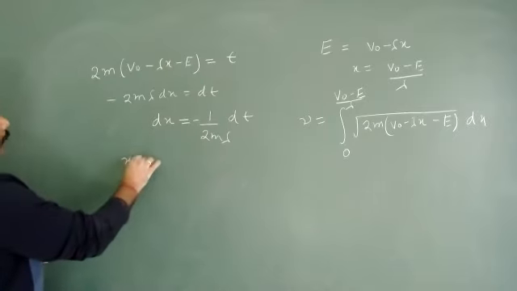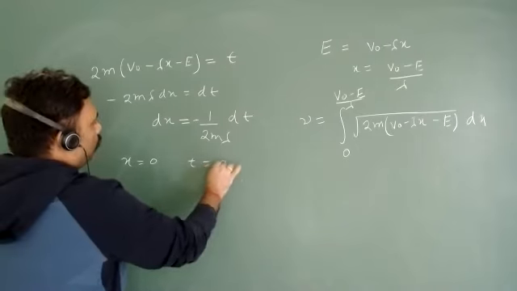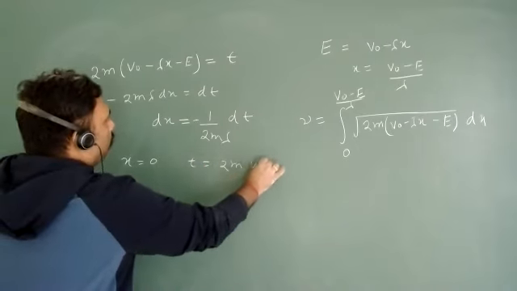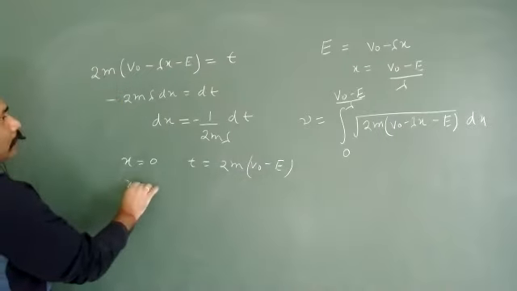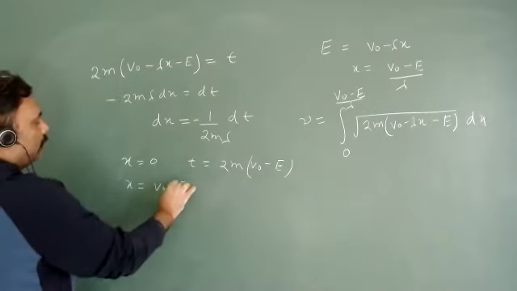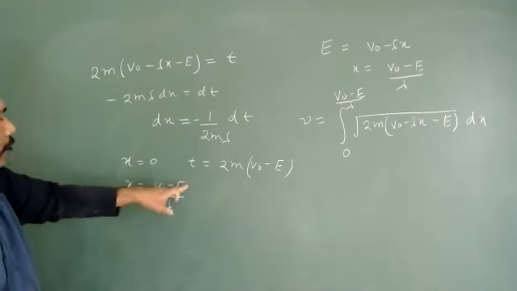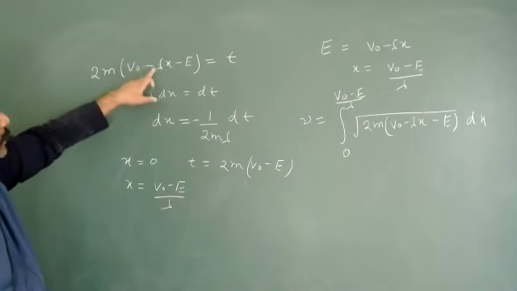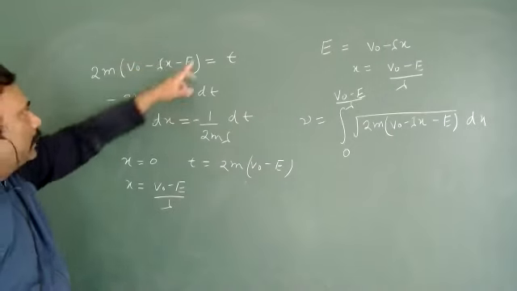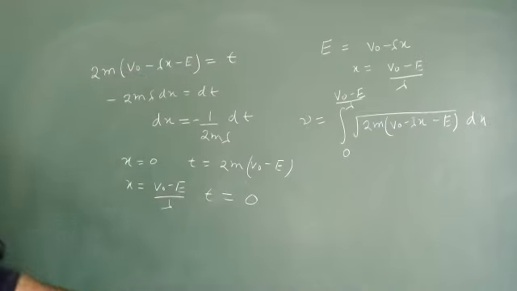When x is equal to (V0 minus E) upon lambda, lambda and lambda cancel, V0 cancels, minus minus becomes plus, and E cancels. So t is equal to 0. Are you comfortable?